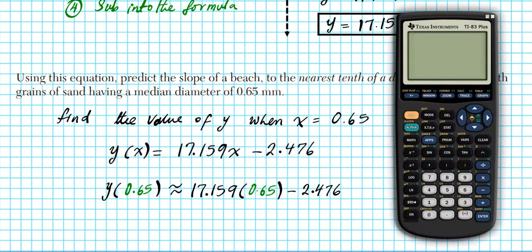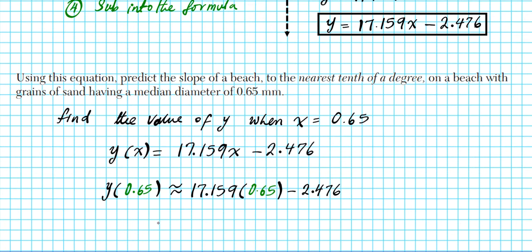And then we don't want to forget to make sure that we round it to the appropriate decimal place. So we're going to do 17.159 times our input value 0.65 minus 2.476. The answer is 8.67735.